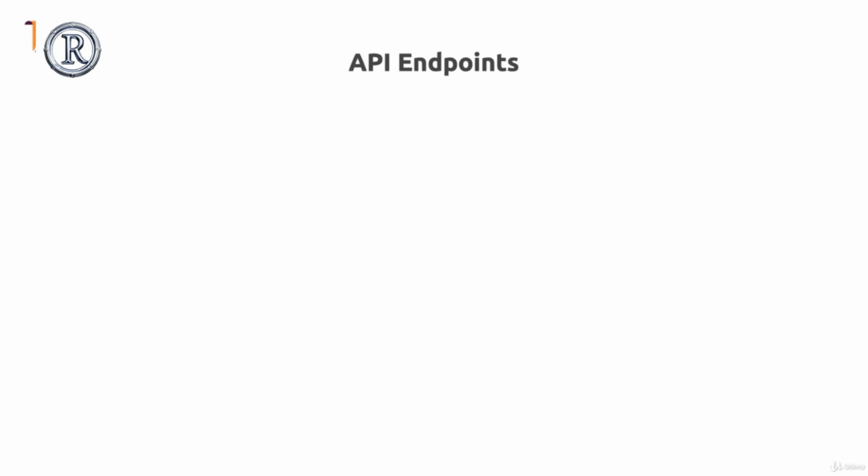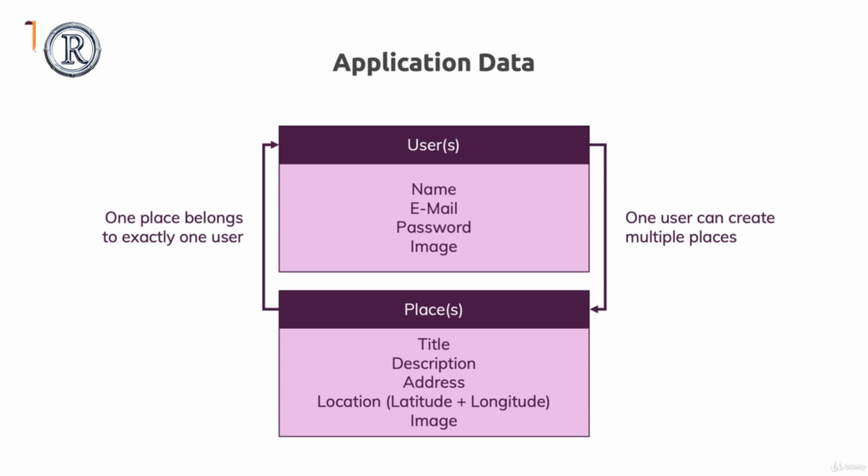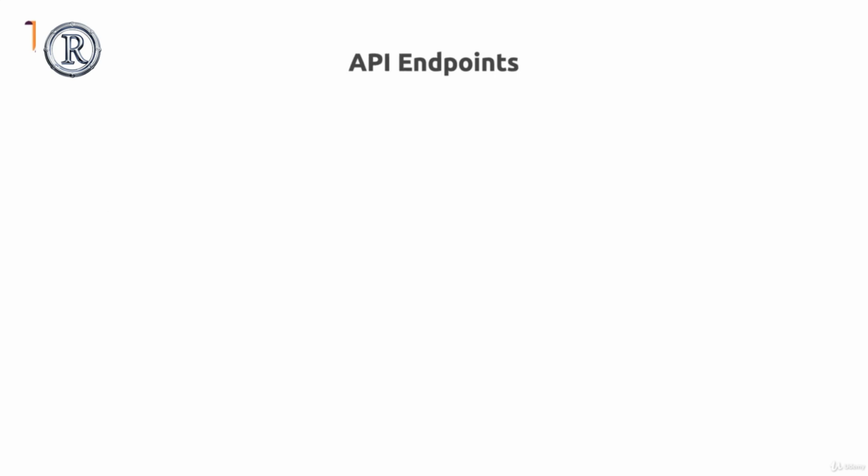Which API endpoints will we probably need there? Well, since we have two main data models here, user and place, I got two main endpoint areas. Let's say we want to accept requests which reach our backend domain.com/API/users, and then there are a couple of specific routes which all start with API users, specifically /nothing.